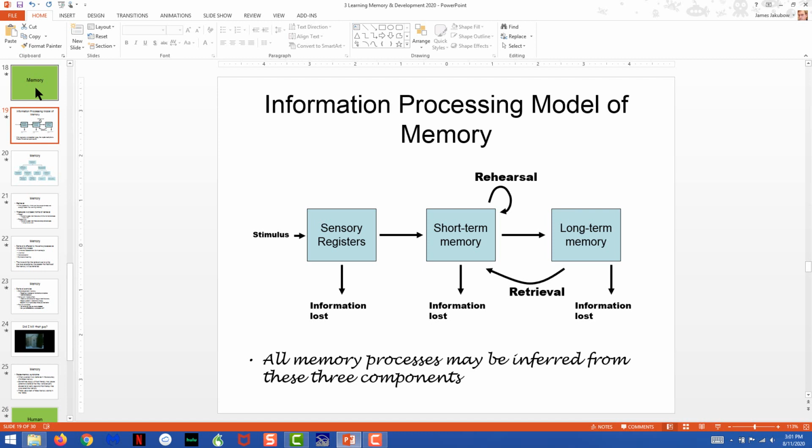And that is something about your memory system that you need to be very aware of, because you'll notice that on the bottom of each of these three stages of memory, it says information lost. And that's telling you that of your complete memory system, you are forgetting stuff all the time. Everything in your memory is subject to loss, and nothing is absolutely guaranteed to be retained forever.